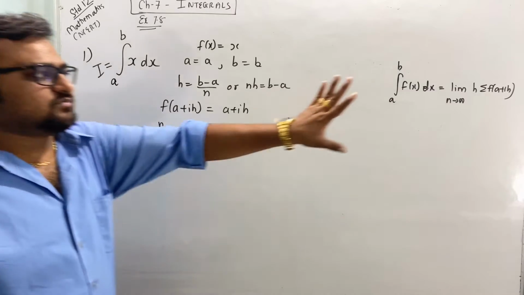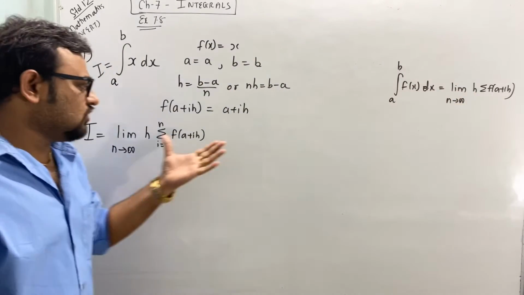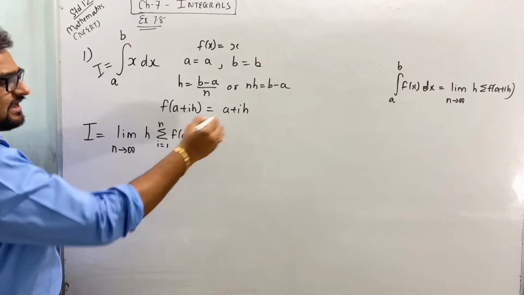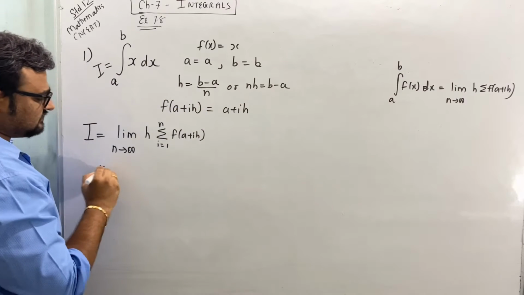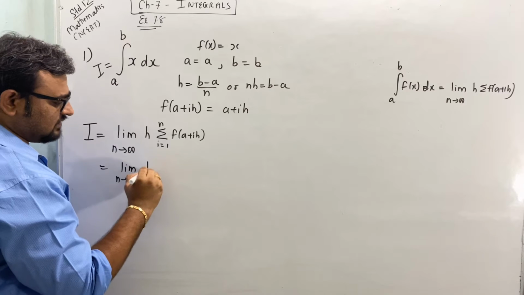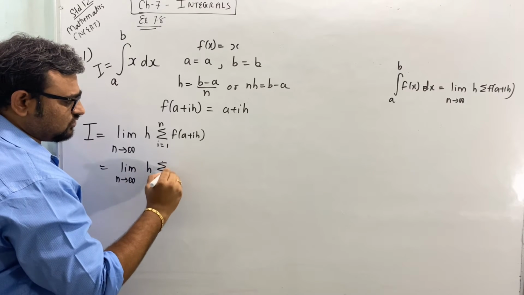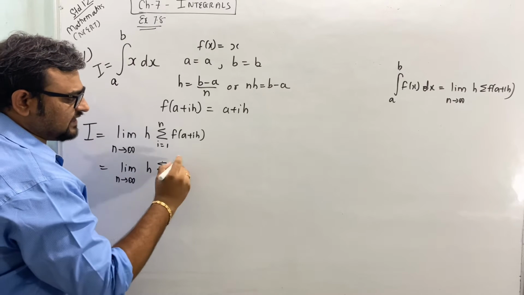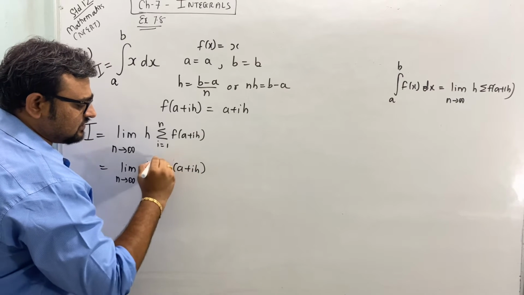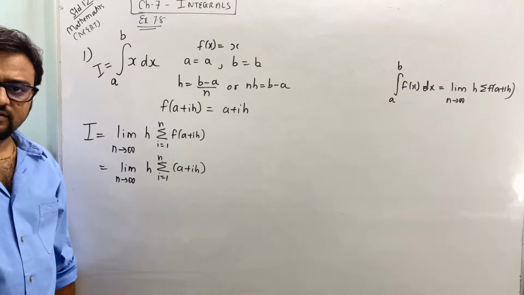See, I am just using this formula. Now just recall, f of a plus ih is a plus ih, so h summation of a plus ih, 1 to n.